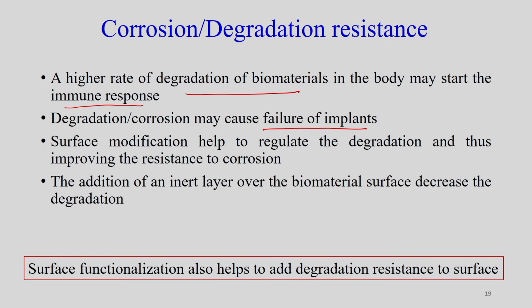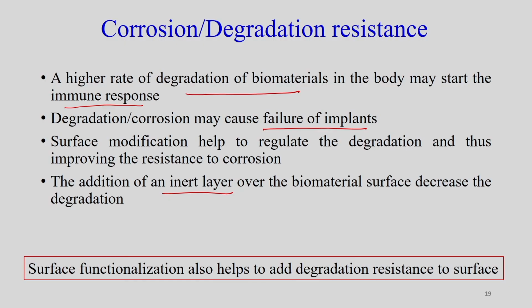So, particularly we add some inert layer. That inert layer interferes with the contact of the surrounding environment with the outermost surface to retard or to slow down the rate of degradation or the corrosion. So, here with the surface functionalization we are aiming to add degradation or corrosion resistance.